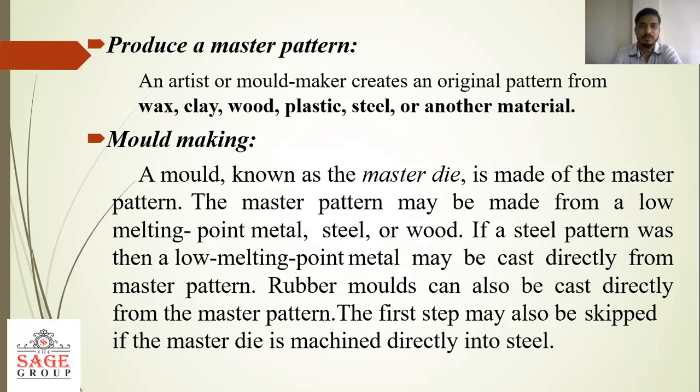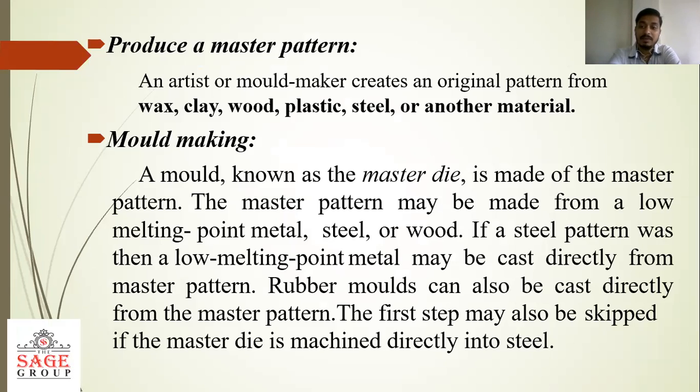First one is to produce a master pattern. To produce a pattern, an artist or mold maker creates an original pattern from wax, clay, wood, plastic, steel, or another material. Next process is mold making. The mold, known as the master die, is made from the master pattern.